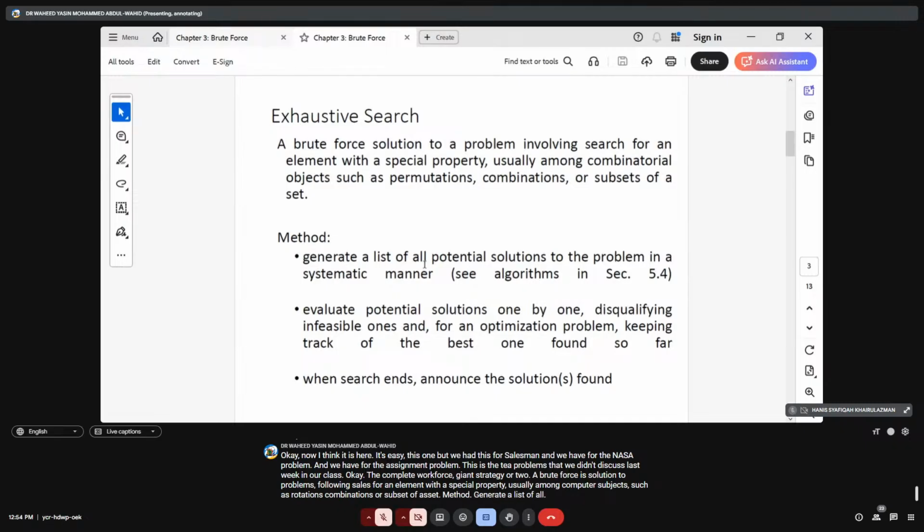Method: generate a list of all potential solutions to the problem in a systematic manner, evaluate potential solutions one by one, disqualifying any infeasible ones and, for an optimization problem, keeping track of the best one found so far. When the search ends, announce the solution found.